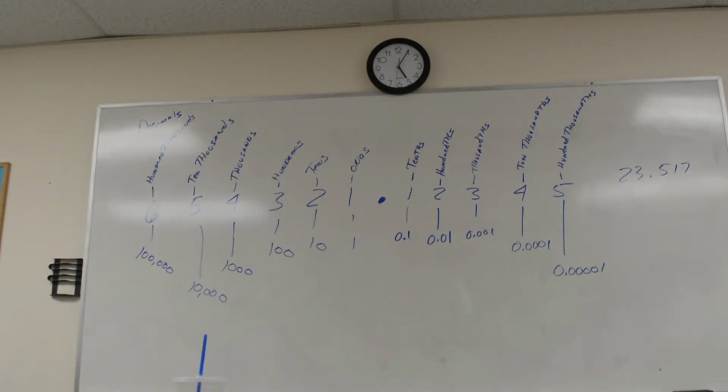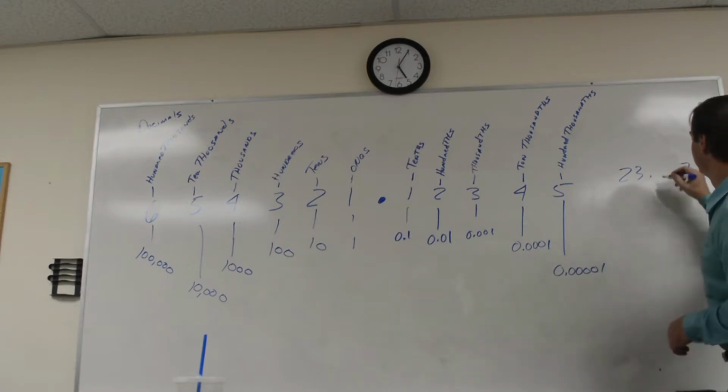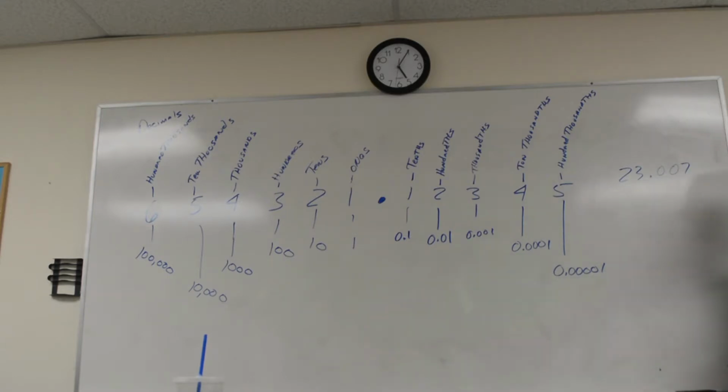Say it again. 23 and 517 thousandths. How about this? 23 and 7 thousandths. Okay. Seems like you got a firm grip on that. Let's switch to this.